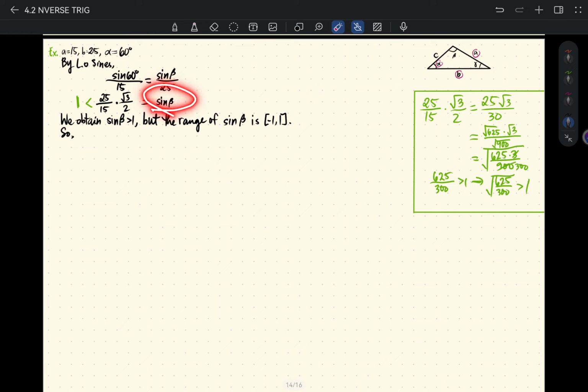That's because sine of beta will give you a number that is greater than 1. So, a contradiction is obtained, indicating that no triangle of the given configuration exists.